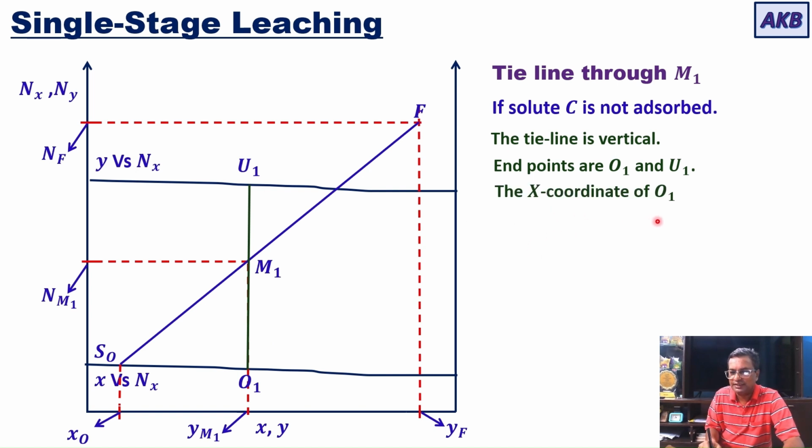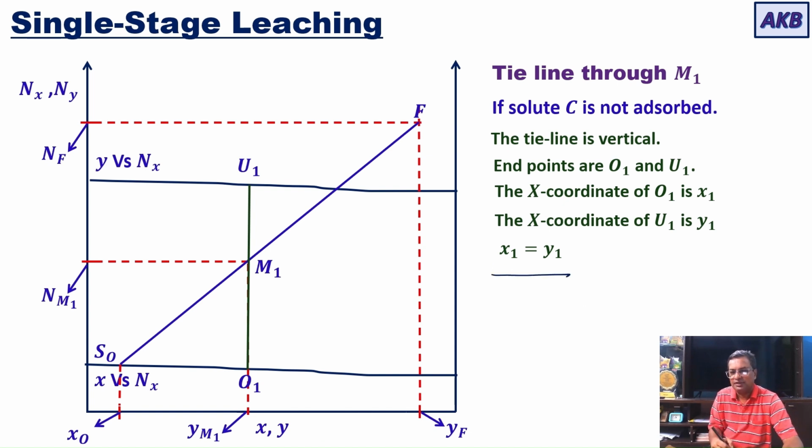The x coordinate is x1, the y coordinate is y1, as I said earlier, and in this case x1 is equal to y1. So in both cases, whether C is adsorbed or not, you get x1 and y1.